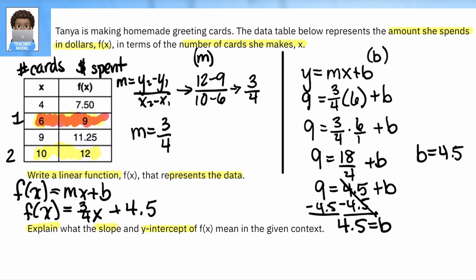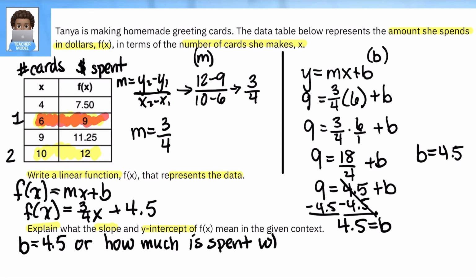Well, the 4.5 is when x is equal to 0. So when I've made 0 cards, b is equal to 4.5, or how much is spent when she makes 0 cards.